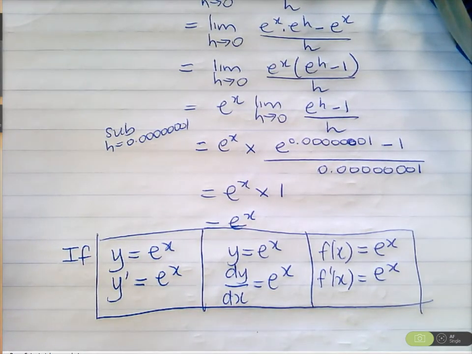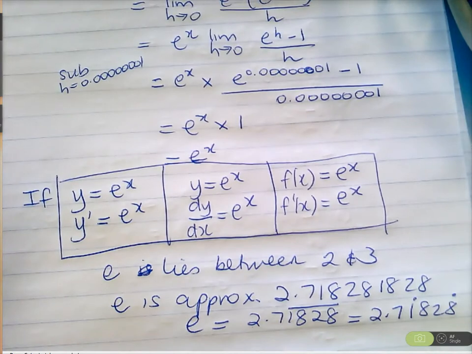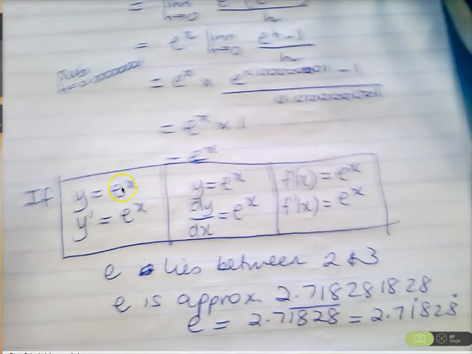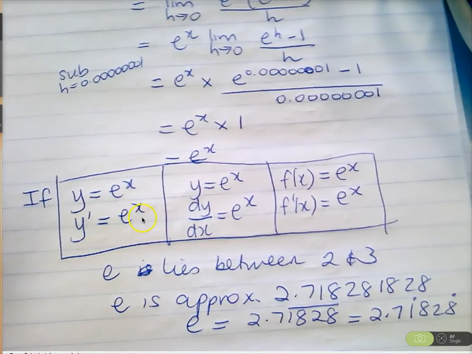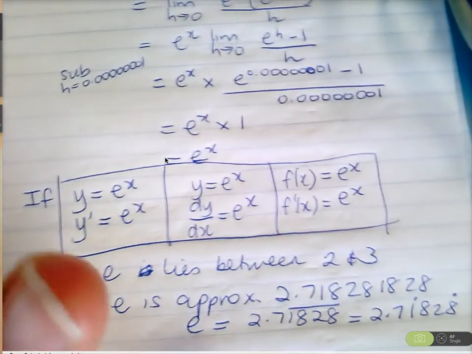So rather than just telling you, we have derived that result. E lies somewhere between 2 and 3. It's approximately 2.71828, etc., recurring. And it is only when you differentiate y is e to the x that you will get e to the x times 1. When you differentiate y is 2 to the x, as we saw before, you get 2 to the x times 0.693.